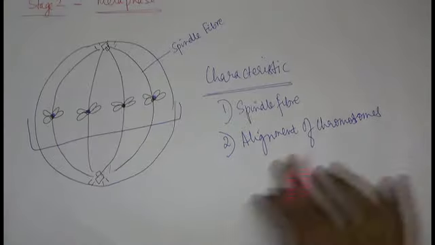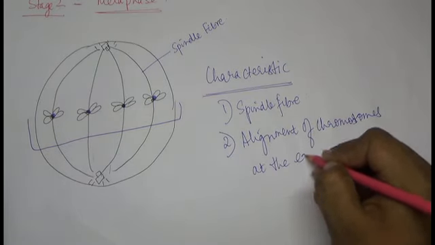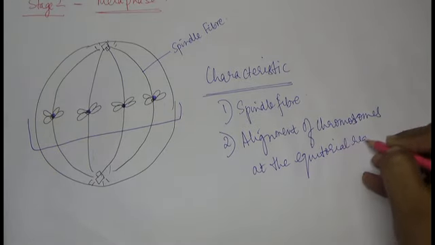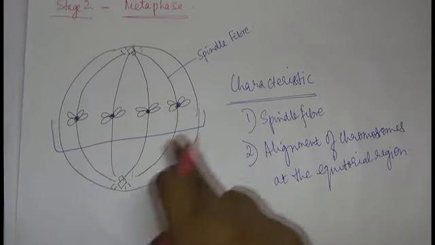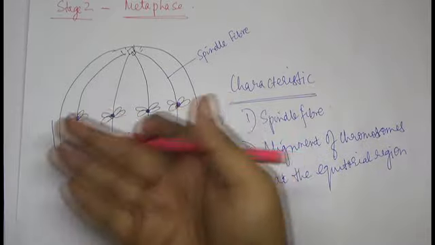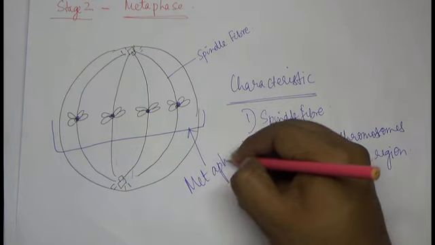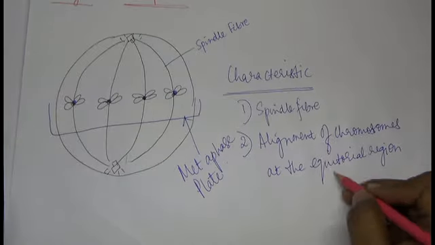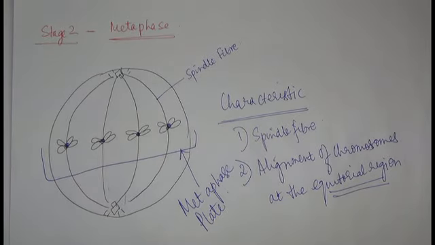So basically it's alignment of chromosomes at the equatorial region. Clear? This entire plate at which metaphase occurs is called the metaphase plate, or otherwise you can call it just the equatorial region of the cell.